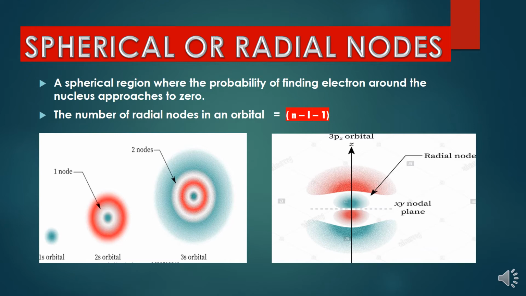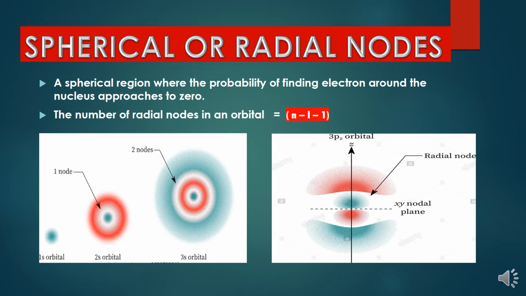Spherical or radial nodes are the nodes present in a three-dimensional region around the nucleus where the probability of finding an electron approaches zero, and the number of radial nodes in an orbital can be calculated by the formula n minus l minus 1. For example, 1s doesn't have any spherical node, but 2s has one node, because after the boundary of 1s, where the electron density is maximum, when the electron density starts decreasing, there we say a node has come. After that, again when the electron density increases, then the 2s orbital comes. So between the 2s and 1s orbitals there is one node.